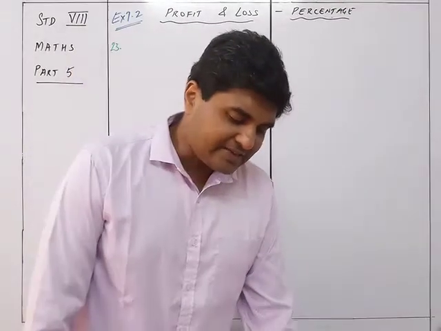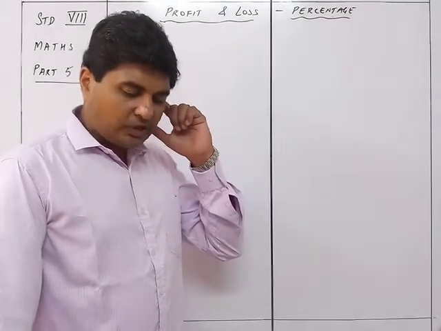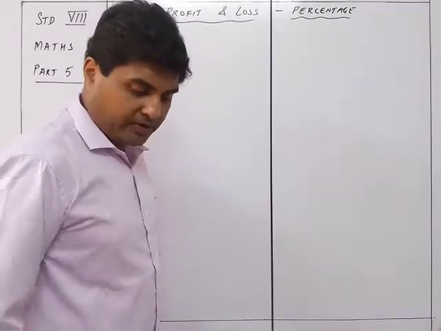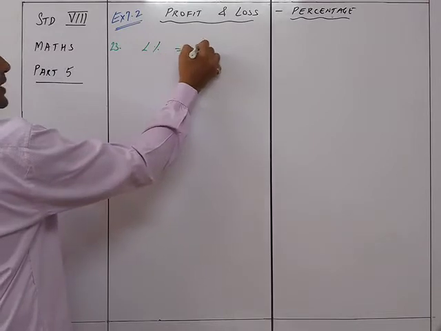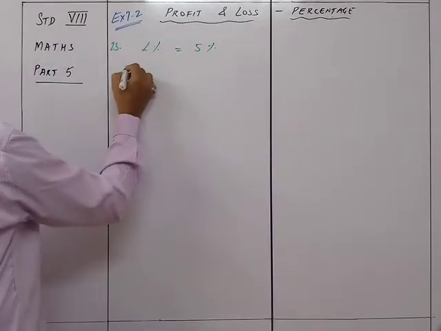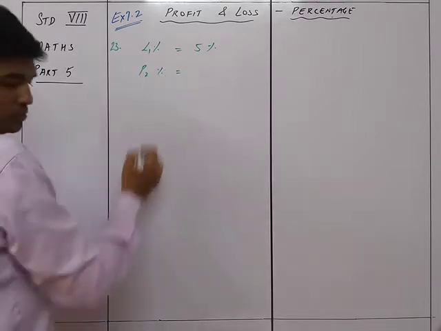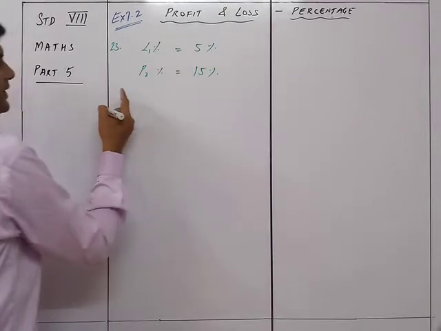A shopkeeper sells a sweater at a loss of 5%. If he had sold it at 260 rupees more, he would have made a profit of 15%. Again, the same way. What is given over here? First thing is loss percent, L1, is equal to 5%. Case two, that is profit P2, is equal to 15%. And what is the difference over here?